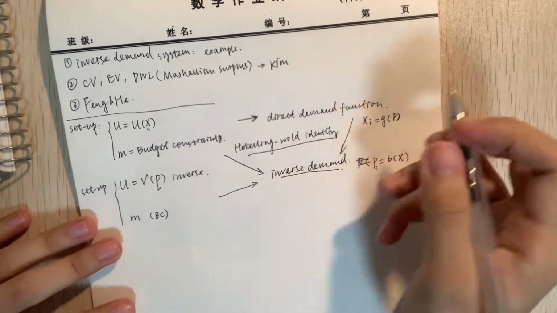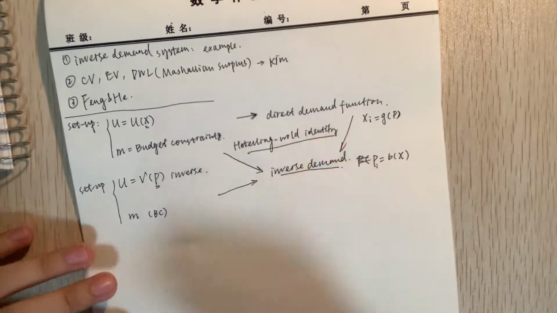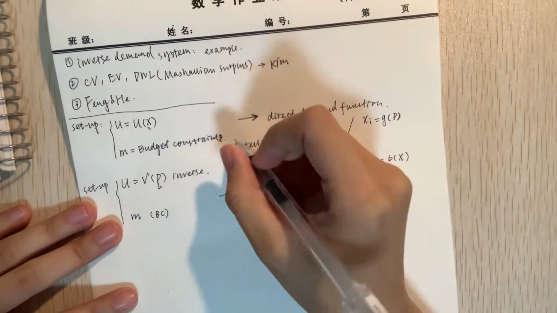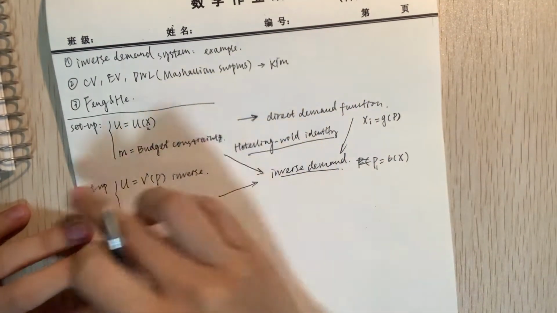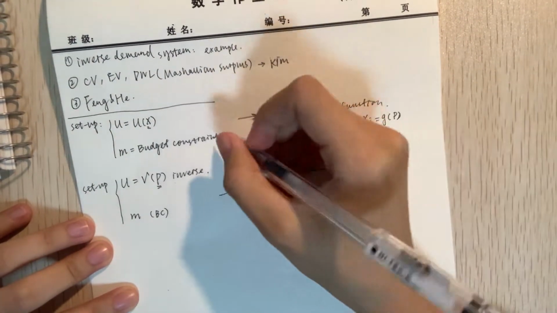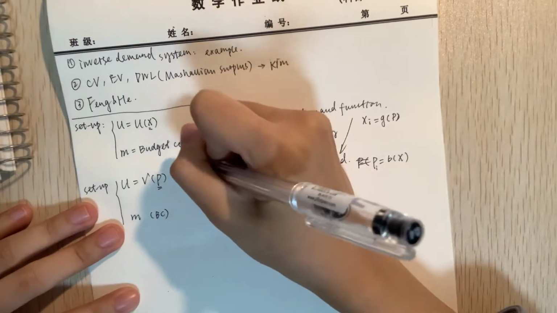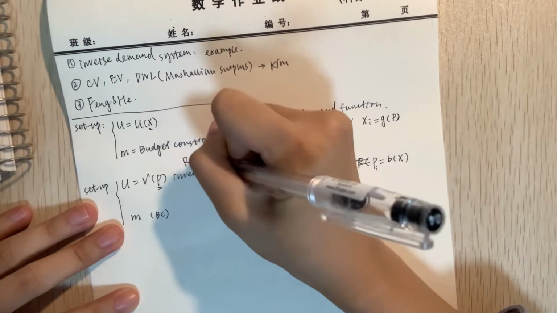I will show why this is the case later in my simple example, but in Kim's paper, it can also be obtained from the direct demand function by Roy's identity.